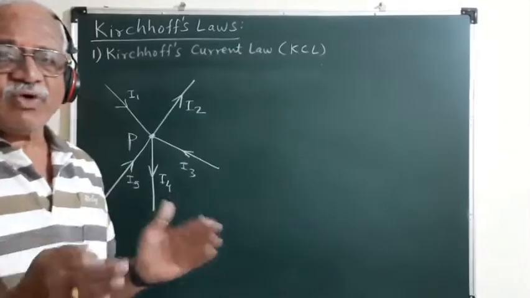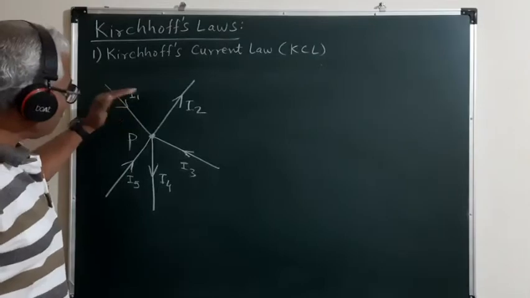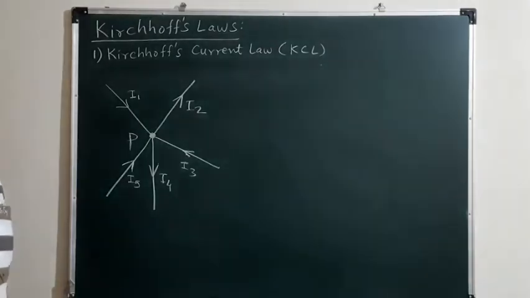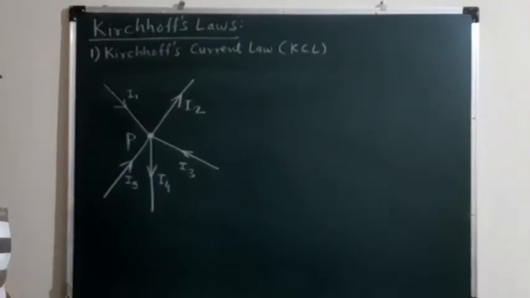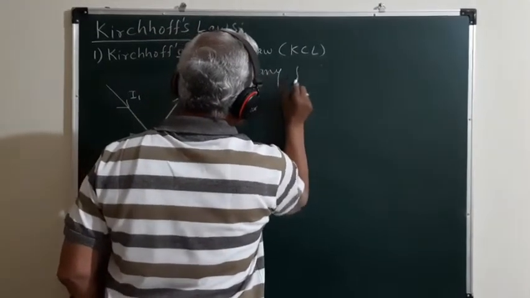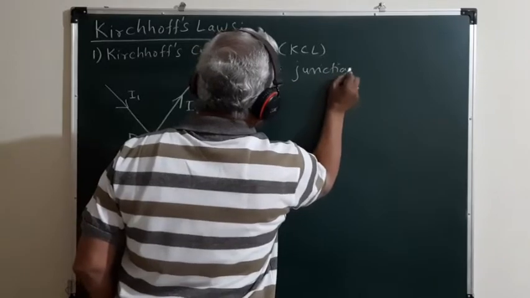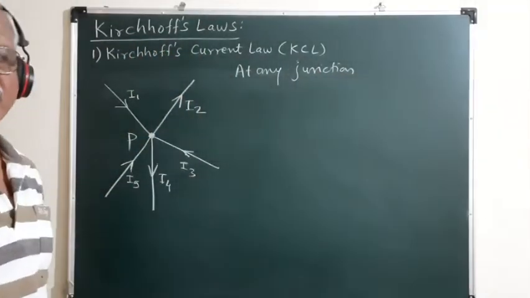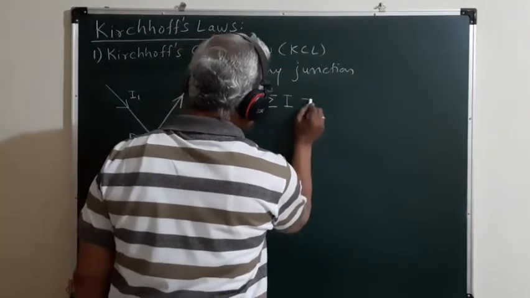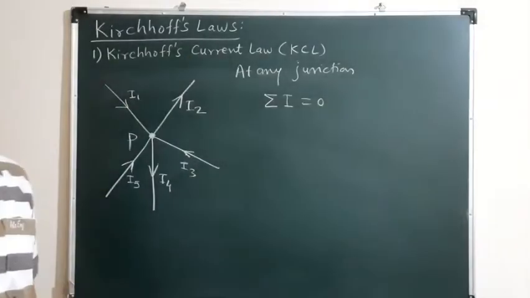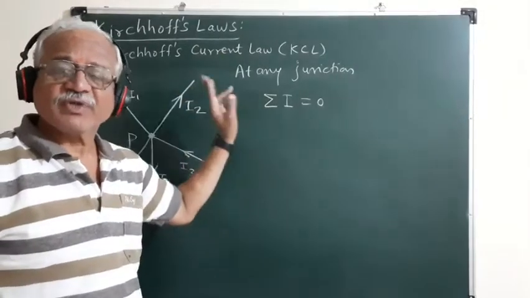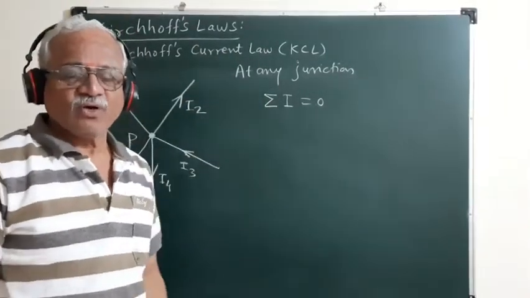When we want to apply Kirchhoff's current law to this junction P, let us see first what this law is. At any junction in the given network, it is observed that the algebraic sum of the currents is always equal to 0. What does it mean?